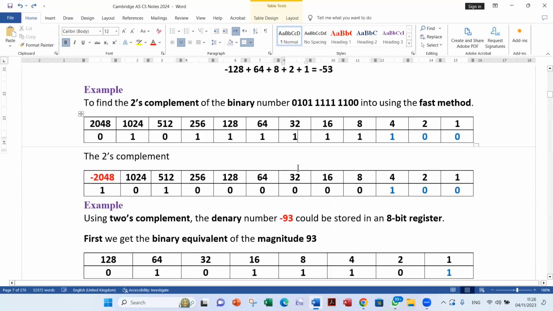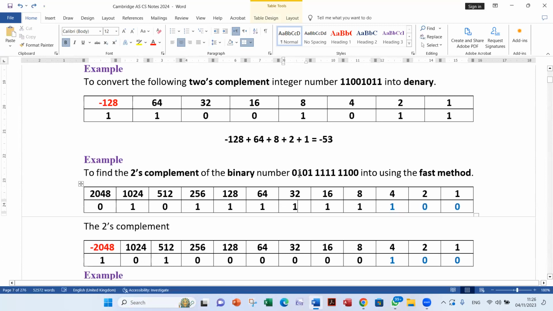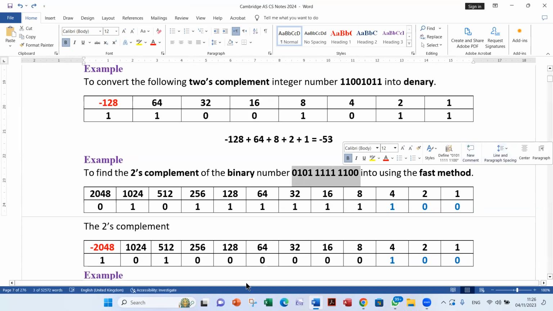Look at this and study it, because I will be giving you a real exam example to solve right now. You may also wish to do this exercise: if you convert this to denary, it will be something.